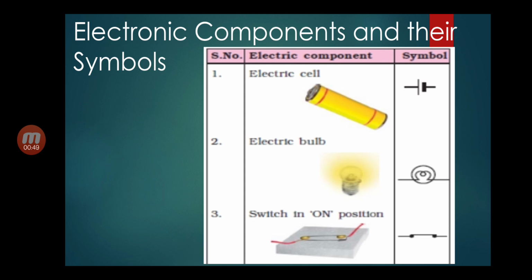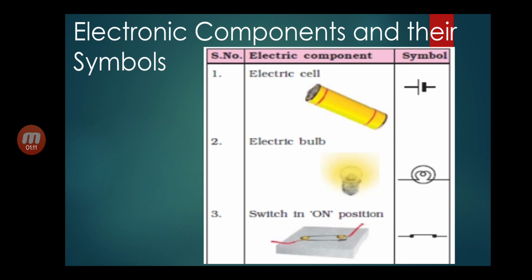In the symbol of the electric cell, the longer line represents the positive terminal and the thicker shorter line represents the negative terminal. For a switch, the on position and the off position are represented by symbols as shown.